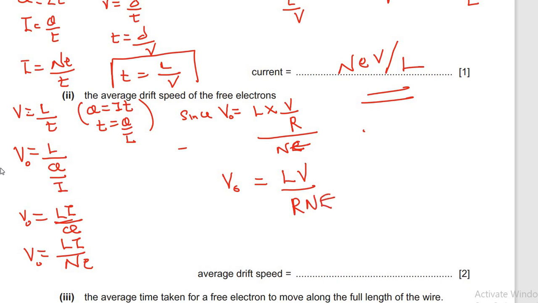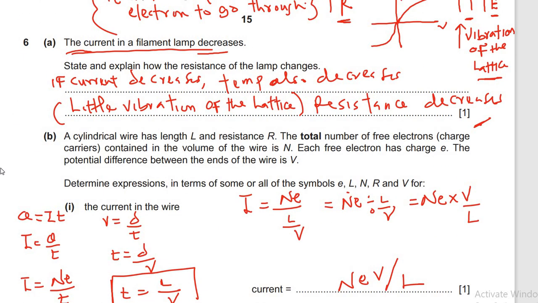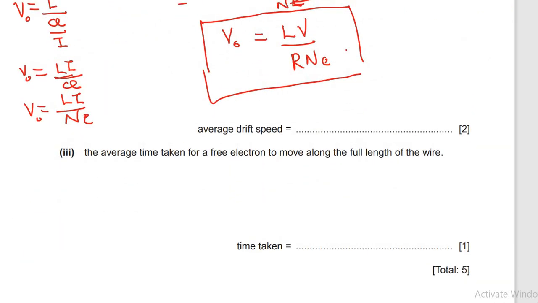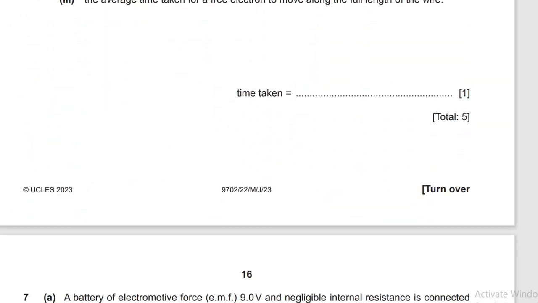This is what they're asking, in terms of L, V, resistance R, N, which contains the volume of the wire, and also e. So this is what they're asking us. The next question.